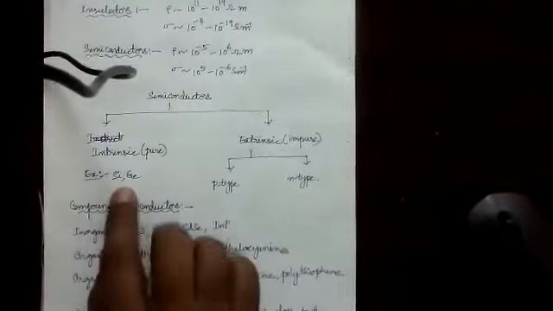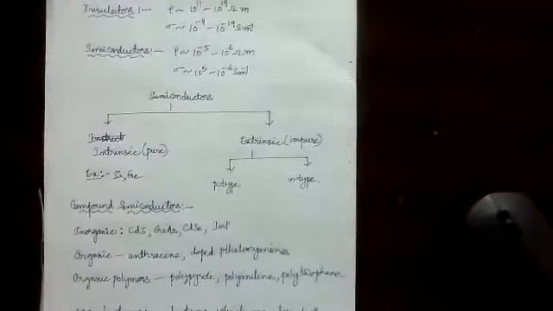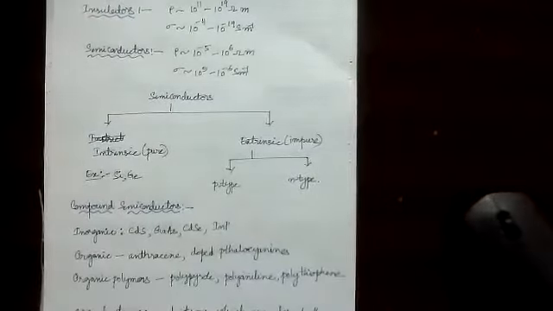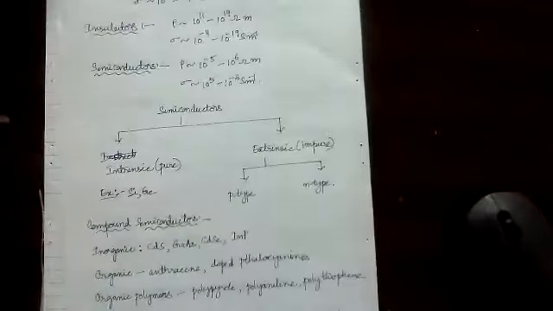Pure or intrinsic, that is silicon and germanium, and impure is p-type and n-type semiconductors.